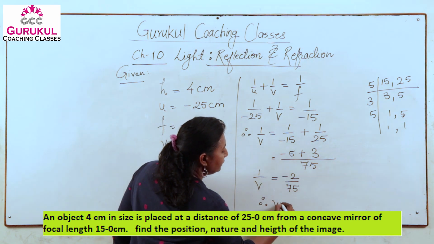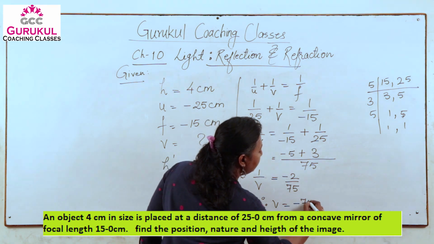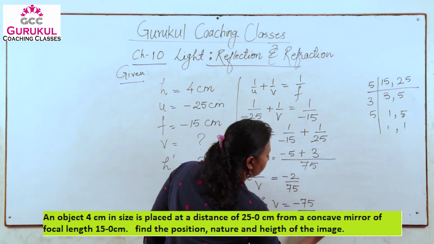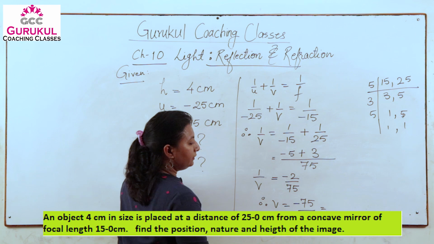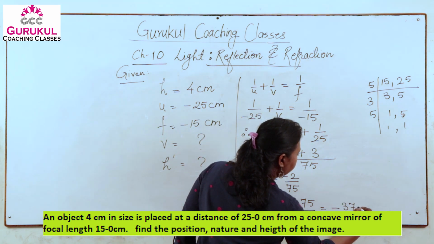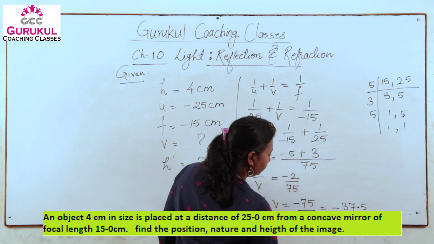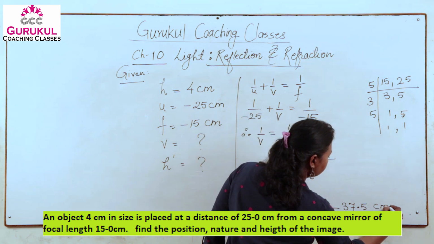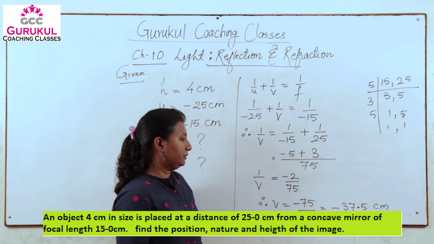Therefore, v is equal to minus 75 by 2, that is equal to minus 37.5 centimeter.